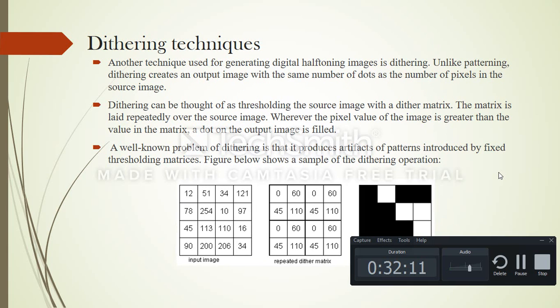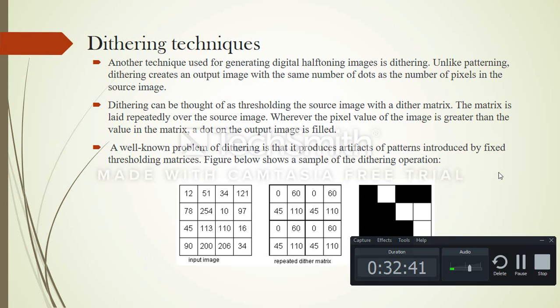Dithering techniques. Another technique used for generating digital halftoning images is dithering. Unlike patterning, dithering creates an output image with the same number of dots as the number of pixels in the source image. Dithering can be thought of as thresholding the source image with a dither matrix.